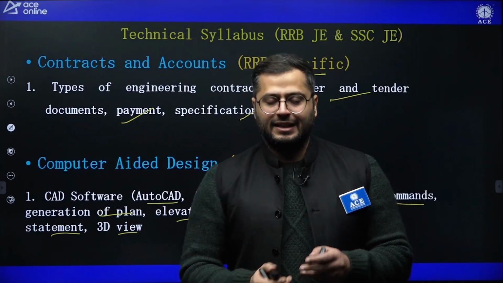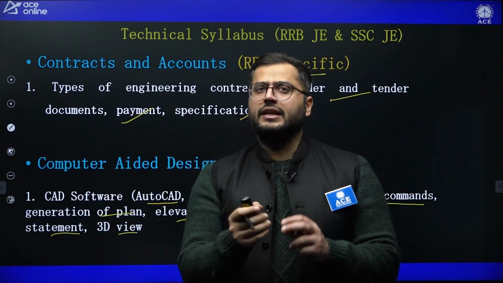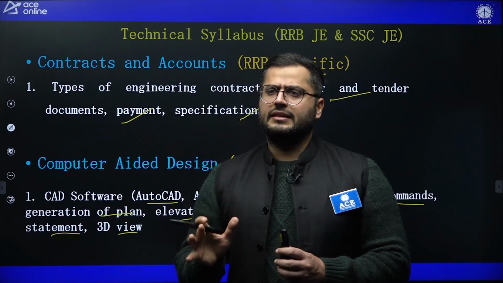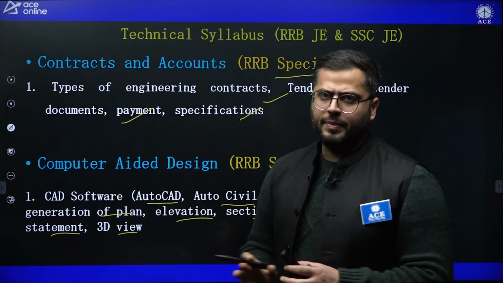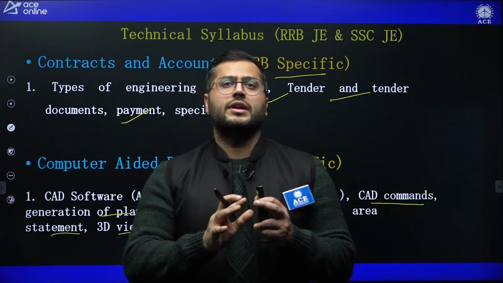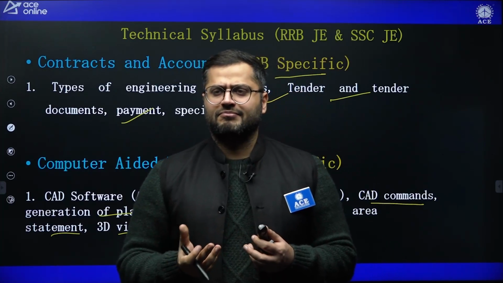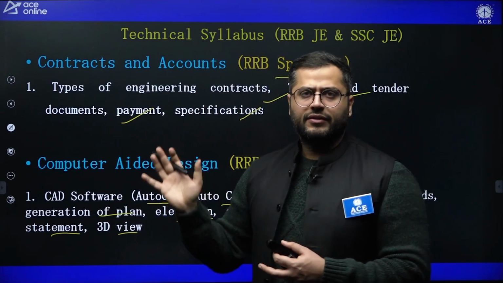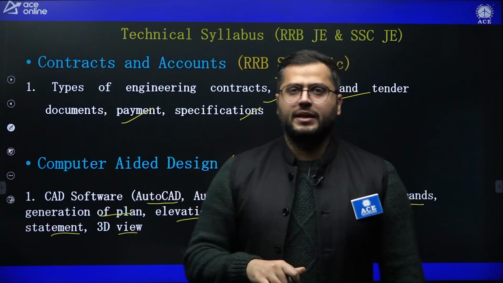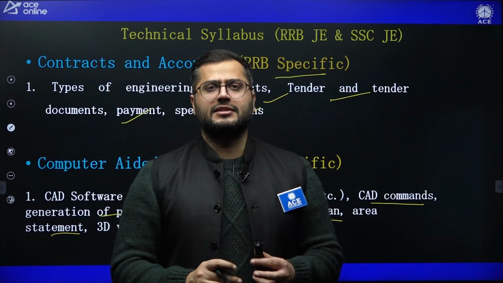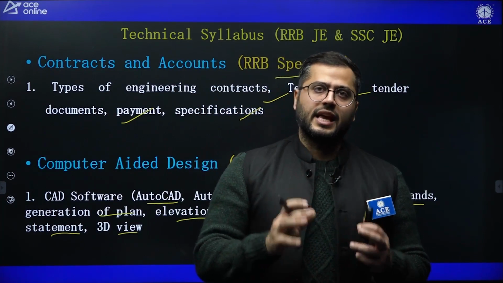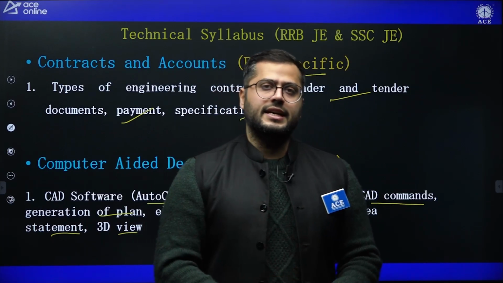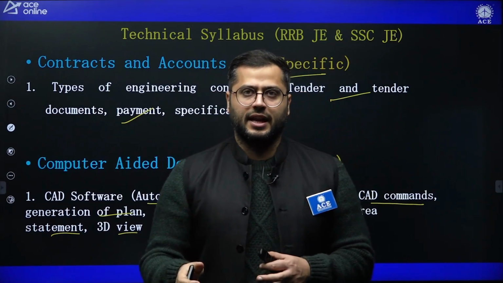So it may seem that there is a lot which is different in the RRB JE syllabus, but all of these topics are not accounting for too much, right? Merely you can expect 5 to 10 or 15 questions from all of these extra topics, but 85% of the syllabus is the same for RRB JE and SSC JE for technical civil engineering.